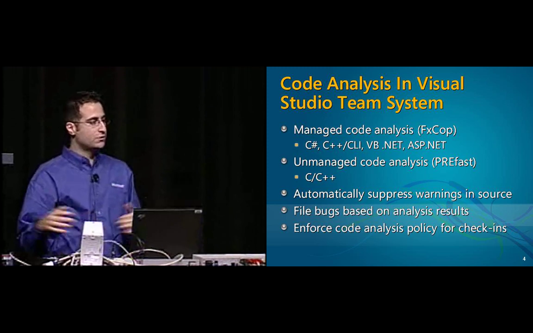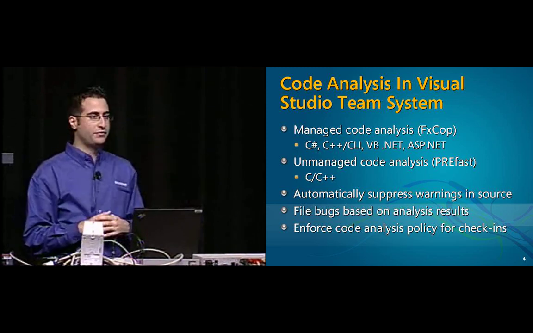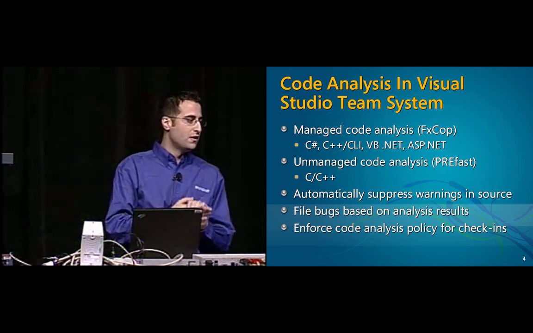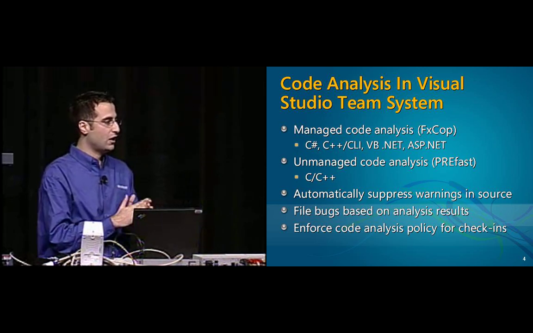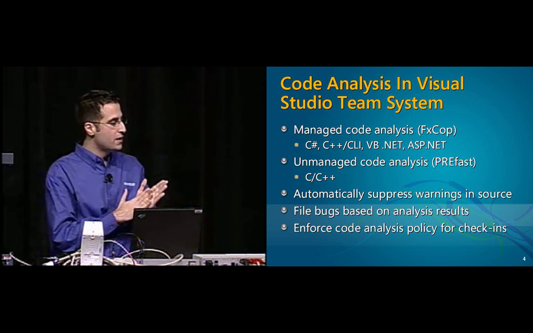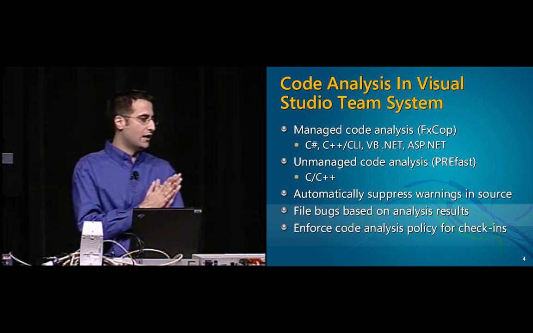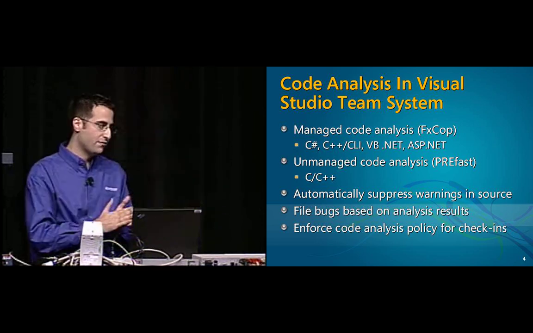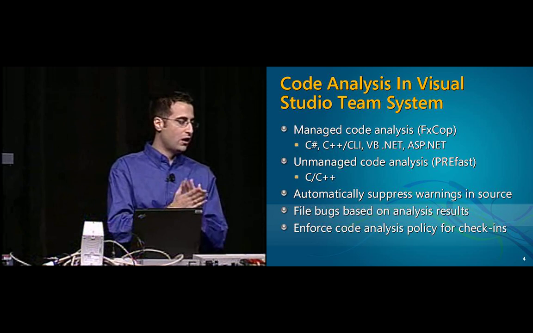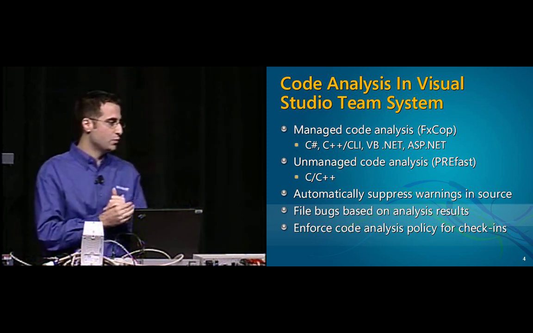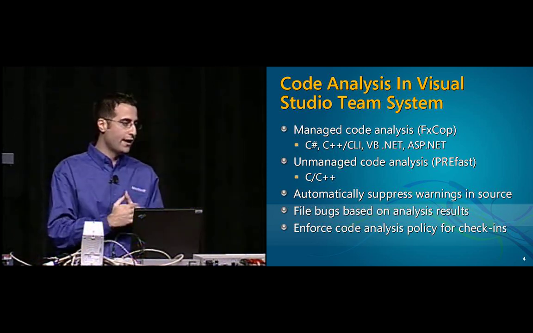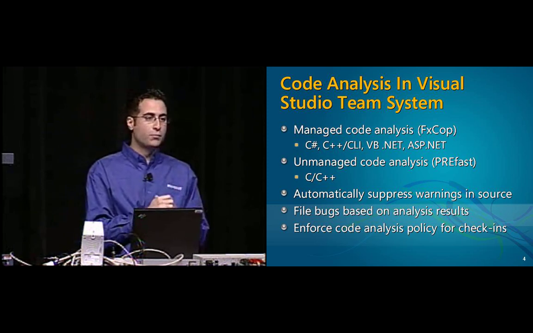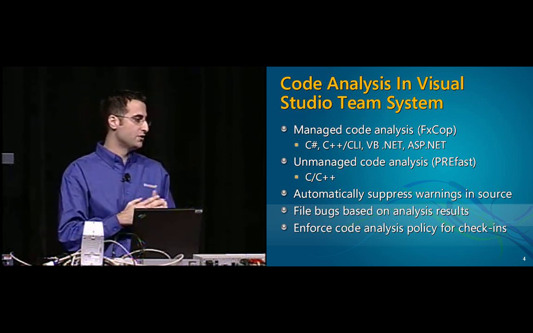So before I start with the demonstration, let me just give a brief summary of the code analysis features that you'll find in the box with Visual Studio Team System in the upcoming release. There's code analysis for managed code, which is also codenamed FxCop. Supports all of the managed languages with the exception of J#, and also supports ASP.NET web pages.